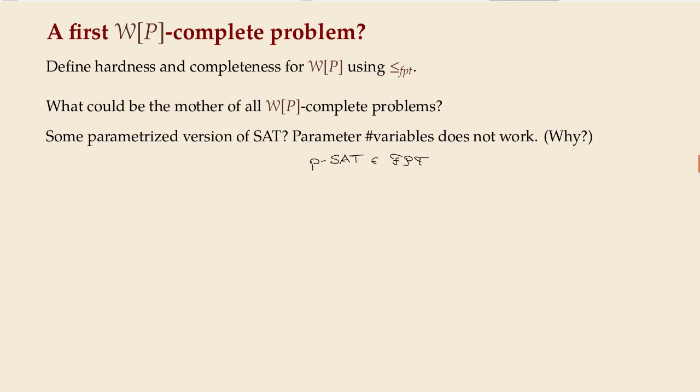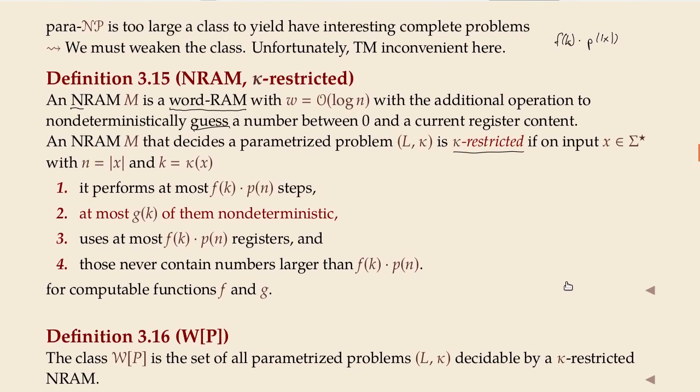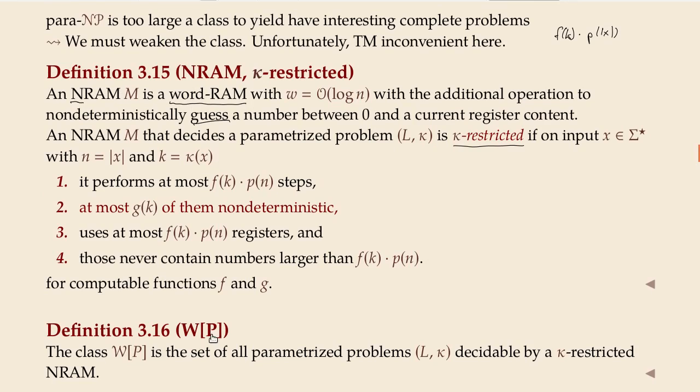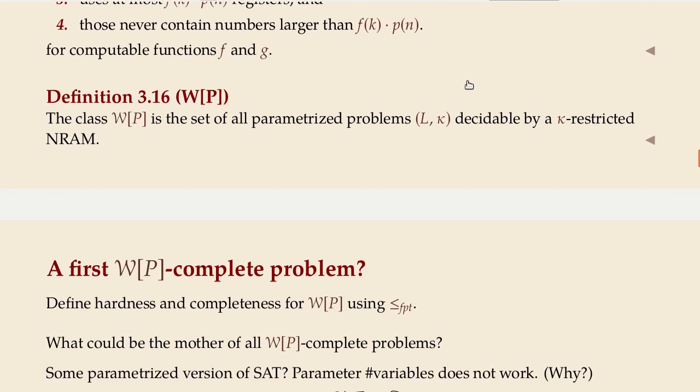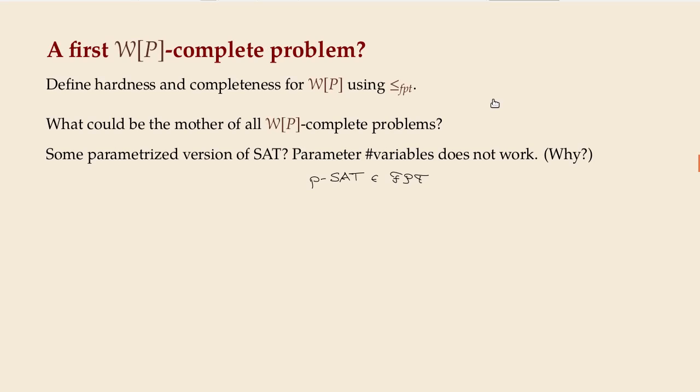And, well, I didn't explicitly say that. It should be obvious that the class WP must be a superset of the class FPT, because we simply add this feature of nondeterminism, right? We can do everything that FPT can, and we can do more potentially. But it might not be surprising for you that it's an open problem whether it's strictly more.